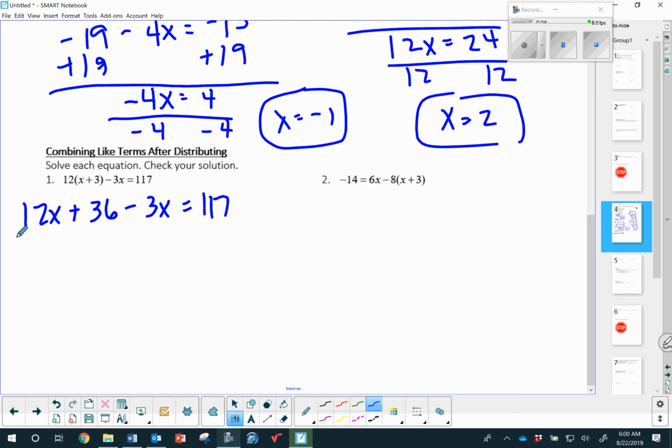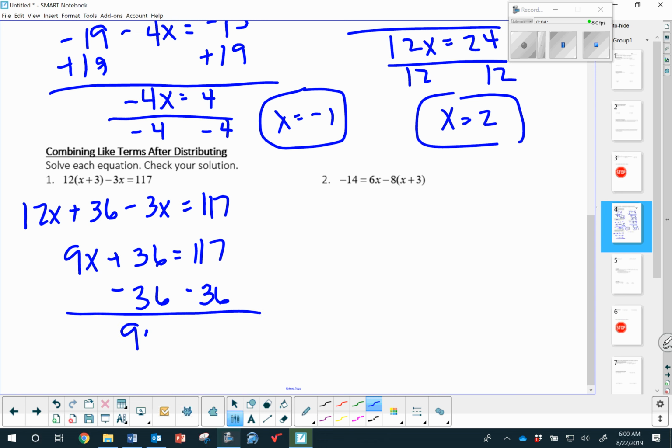I can combine the 12x and the negative 3x to get 9x plus 36 equals 117. After I take away 36 from both sides, I have 9x equals 81. And then, of course, divide both sides by 9 to get x equals 9.